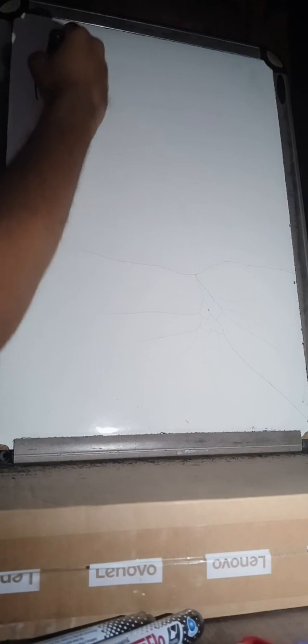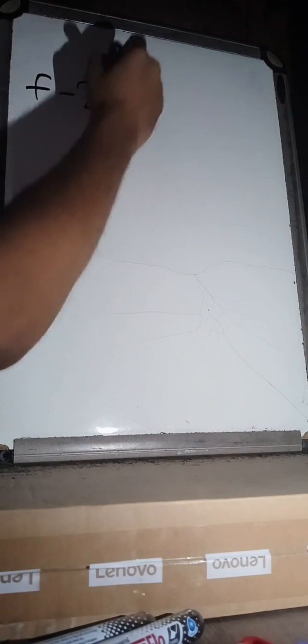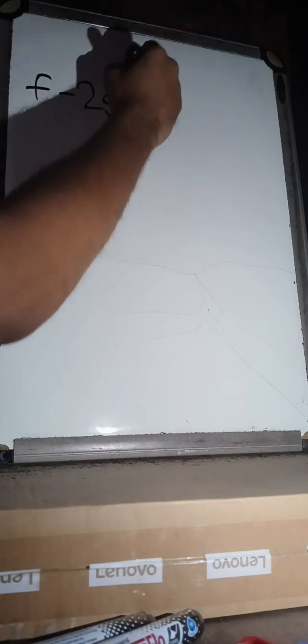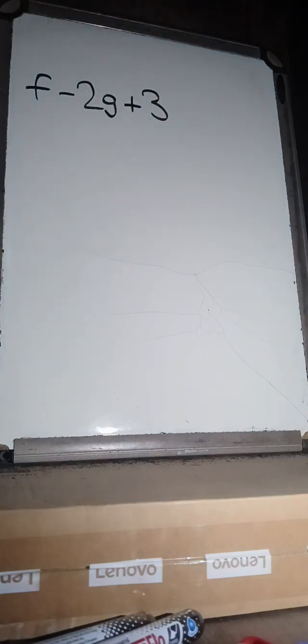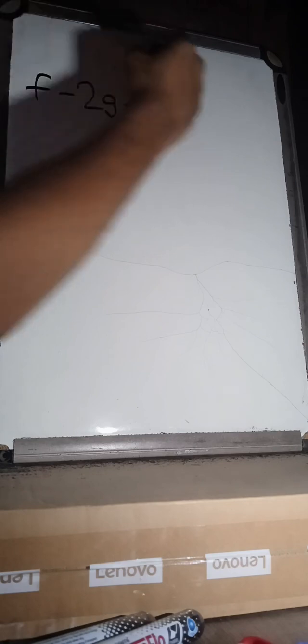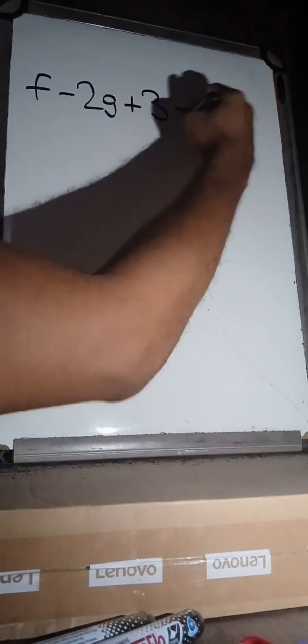So let's write the second one, which is f minus 2g plus 3. Is equal to what? This is equal to 1.